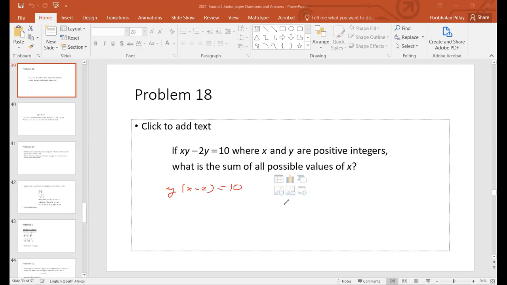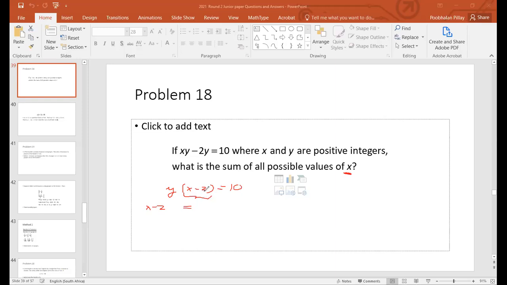So again, you've got a product of two numbers equal to 10. Right? So both of them are factors of 10. So they want to know the values of x. So let's look at what the possible values for x minus 2 are. So x minus 2 equals a factor of 10.